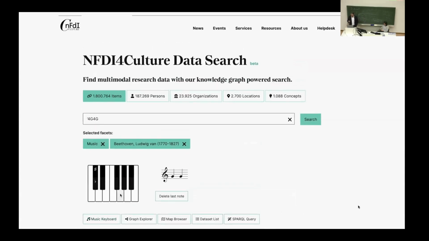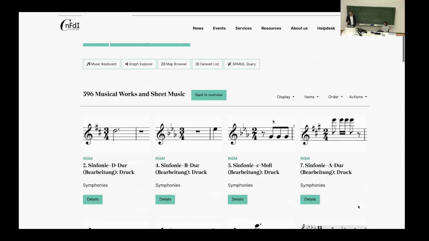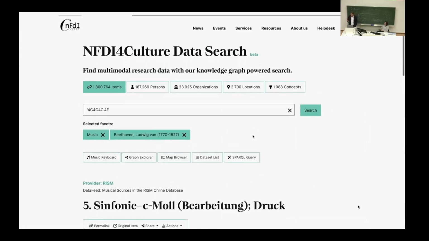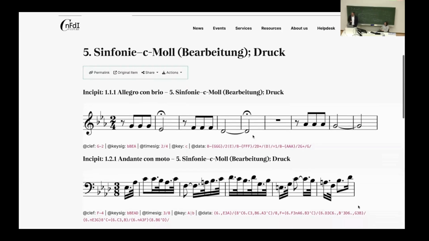Multimodal data exploration means that you not only have textual interfaces, but you also have music interfaces that you can use for music retrieval, like we did here with this interpret search. And there you have, in a way, found your way to Bonn, because Beethoven is connected to Bonn, and that was done through multimodal data exploration in the knowledge graph.